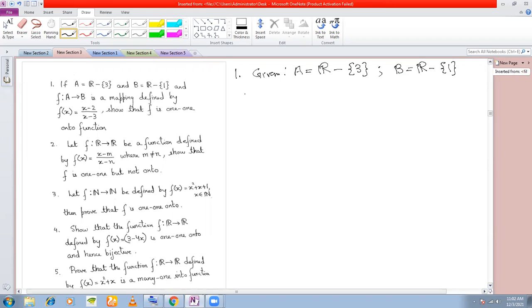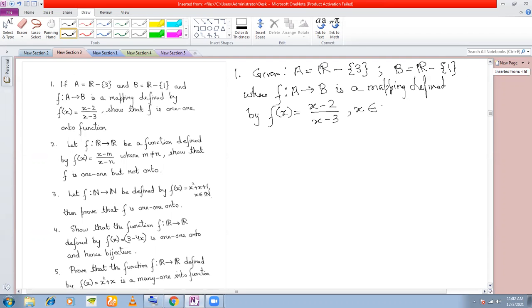And f: A to B is a mapping or a function defined by f(x) = (x minus 2) by (x minus 3), where obviously x must belong to A. What is the set A here? R minus the singleton set {3}. You need to show that f is one-to-one onto.